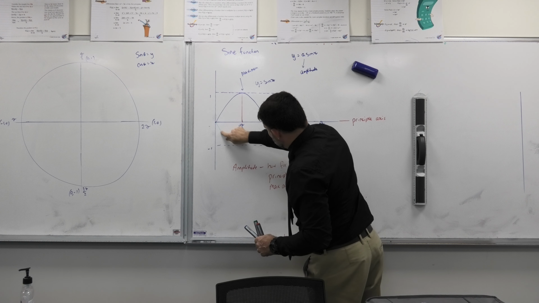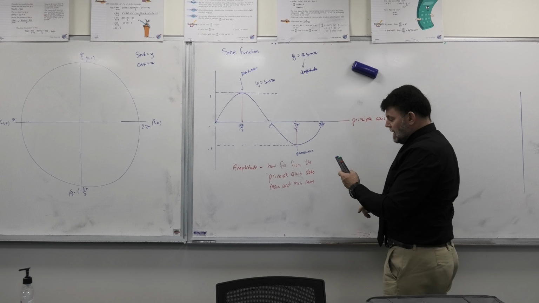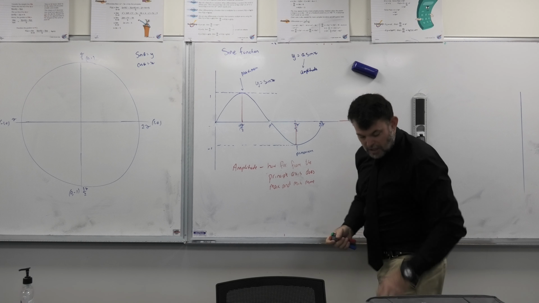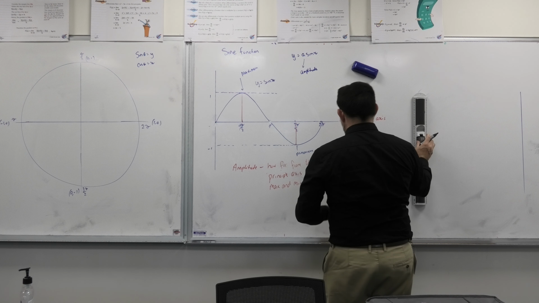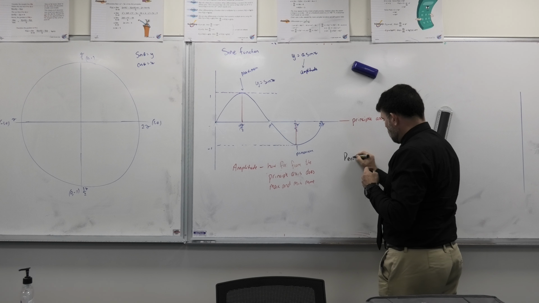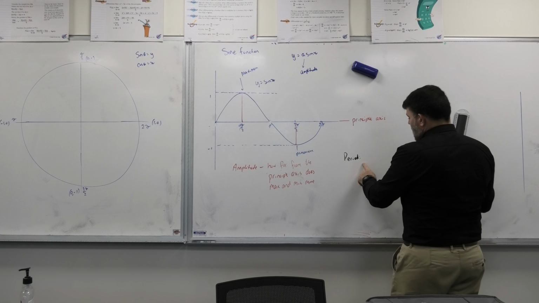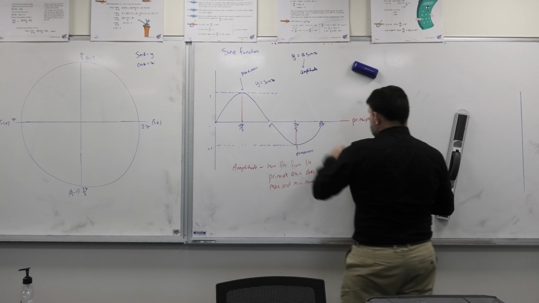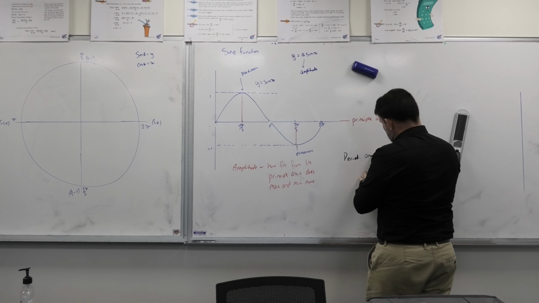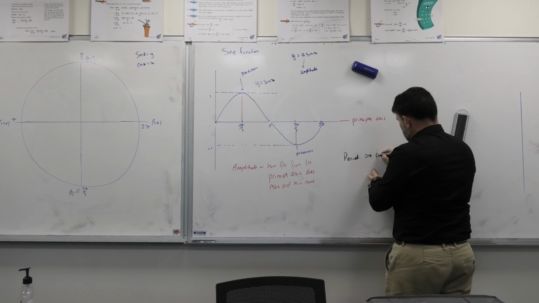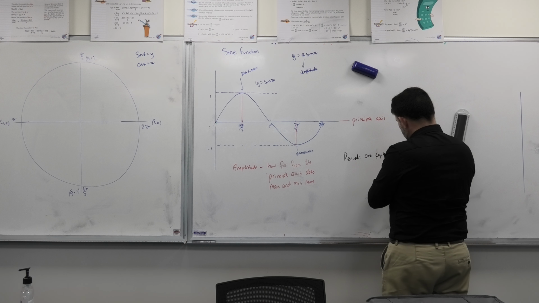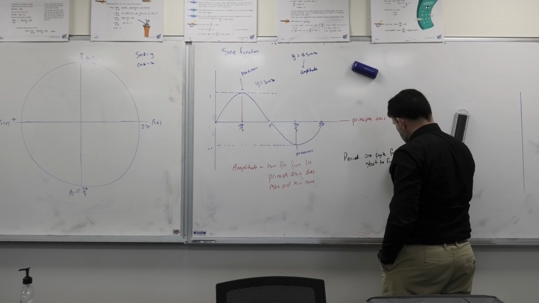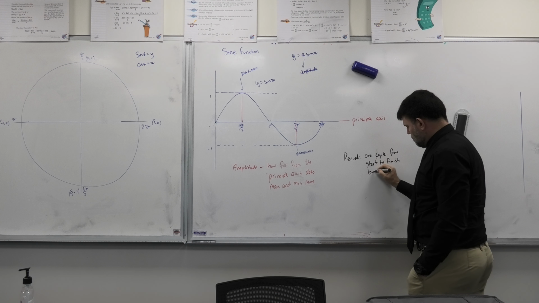Another thing that comes into play with trigonometric functions is something we call a period. The period is the distance that one cycle takes, from start to finish before repeating.